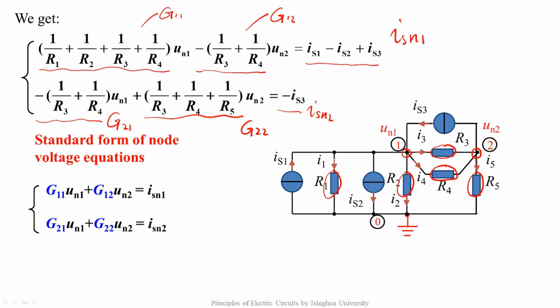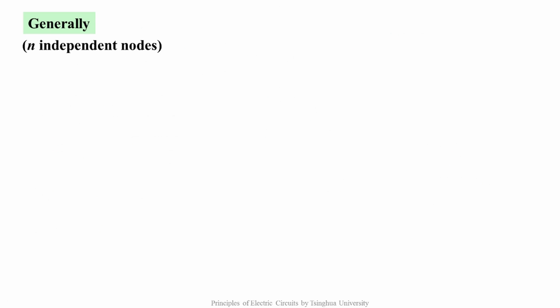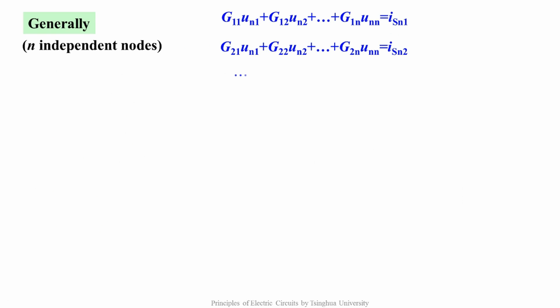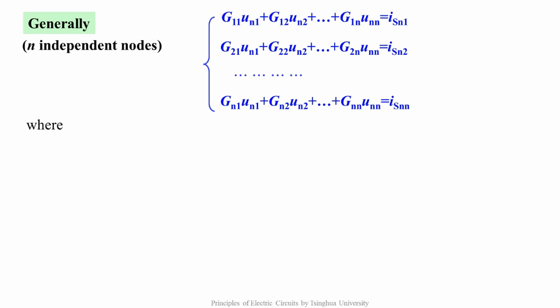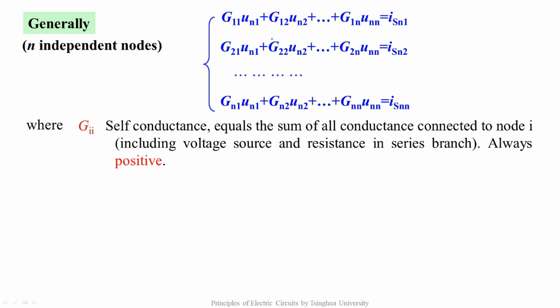This conclusion can be extended to a circuit consisting of n independent nodes. We write out the standard form of the node voltage equations. It should be a set of equations. In these equations, the elements on the main diagonal, G11, G22 until Gnn, are called the self-conductance.